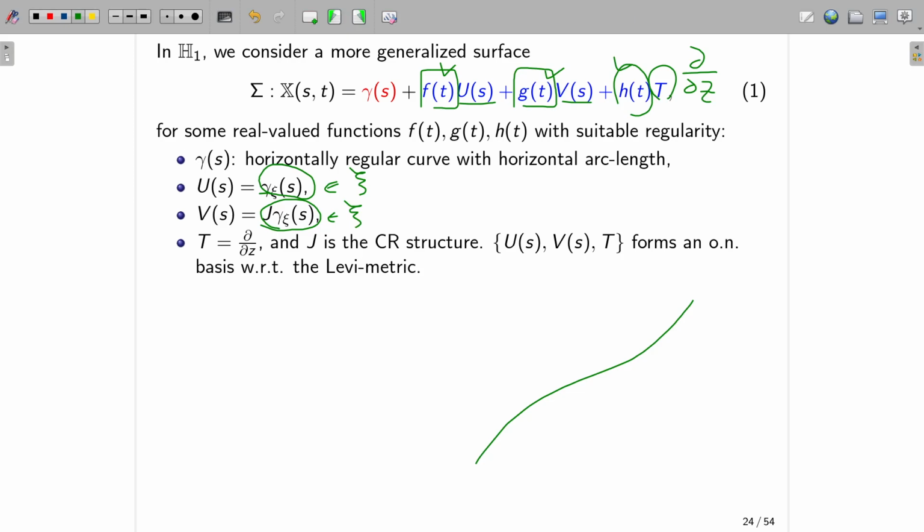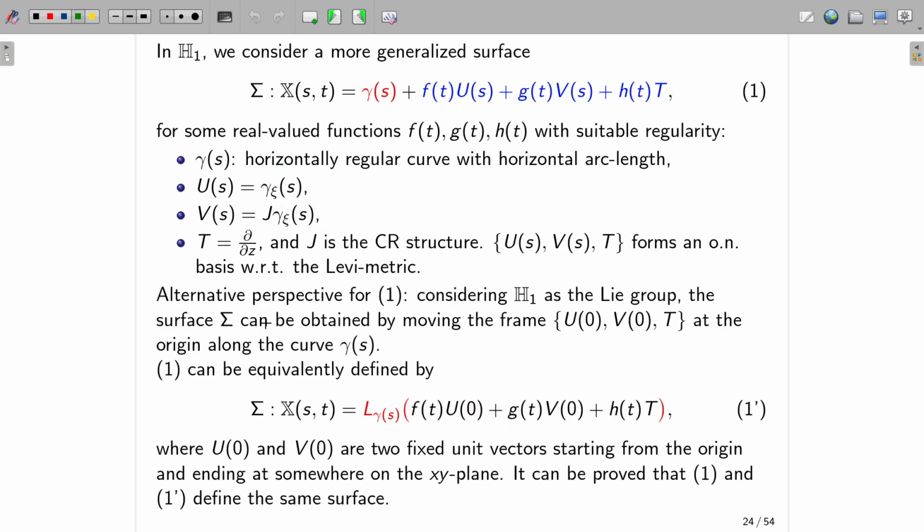I point out that u, v, and t form an orthonormal basis with respect to the Levi metric.